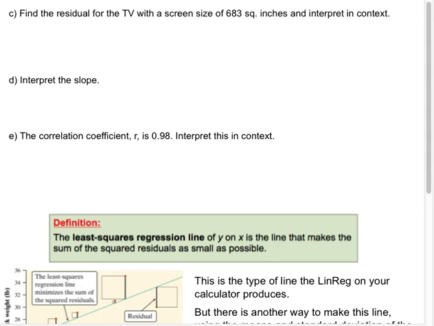So what about the residual for the TV with screen size 683? So same thing, let's go through. We need to use our prediction line to find the predicted value.